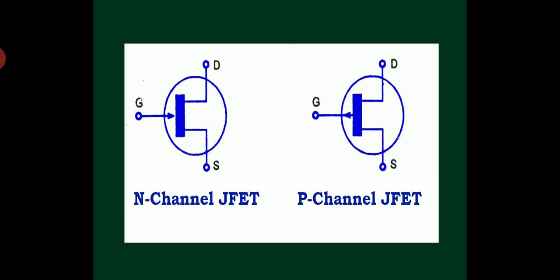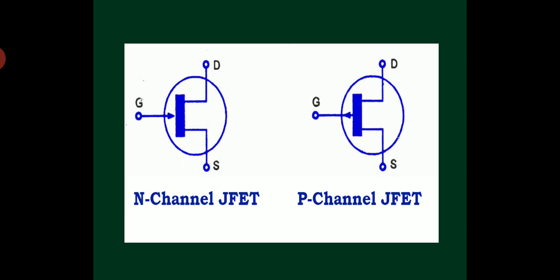And as I said, bipolar transistors are classified as NPN and PNP. Likewise, FETs are classified as N-channel and P-channel JFET. However, it is important to keep in mind that BJT is a bipolar device.